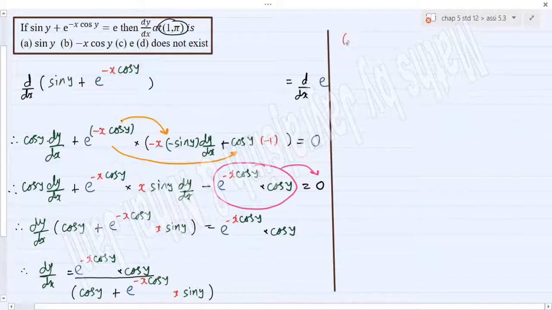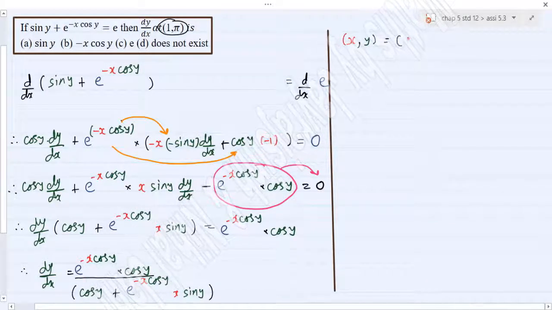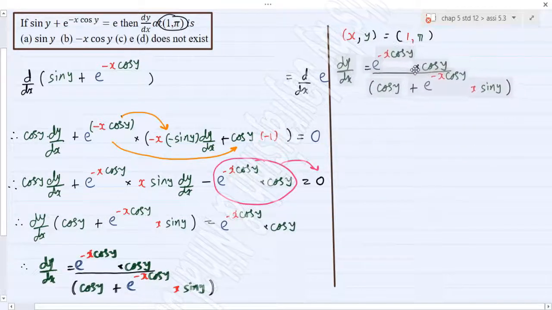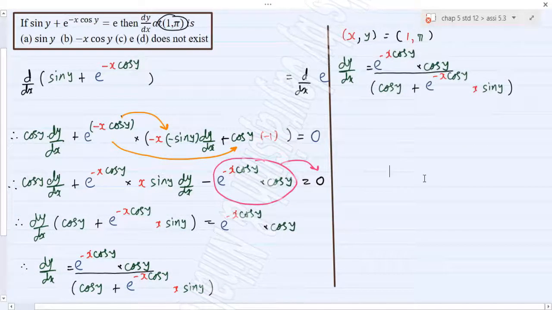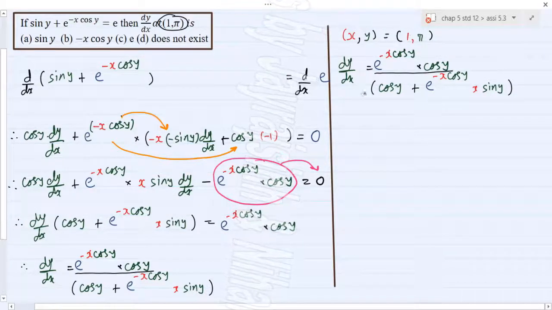So we have to put x comma y is equal to 1 comma pi. So first of all, let's get our dy by dx over here. Now put x is equal to 1 and y is equal to pi.